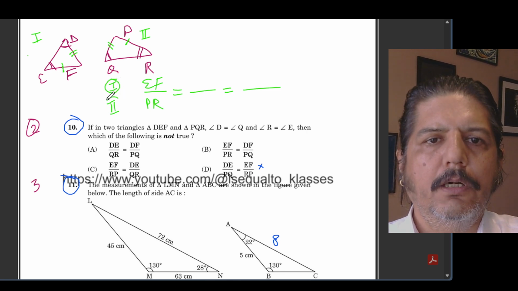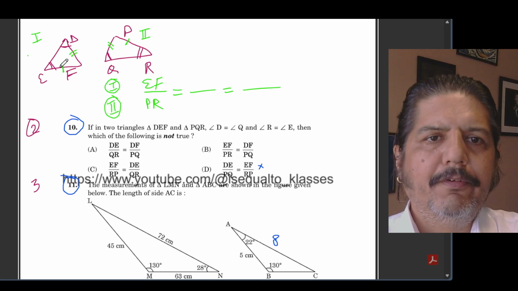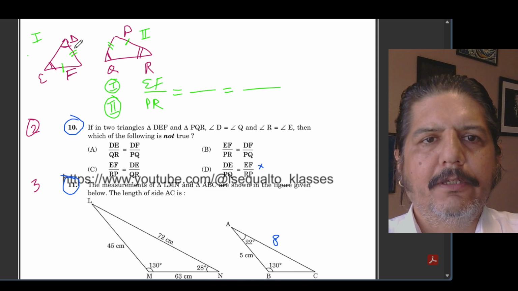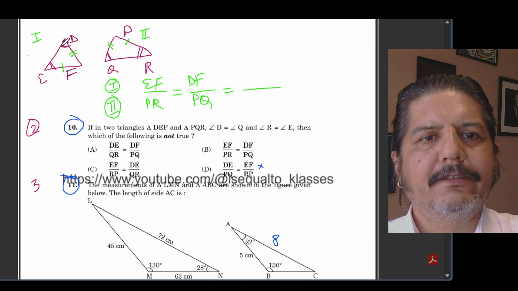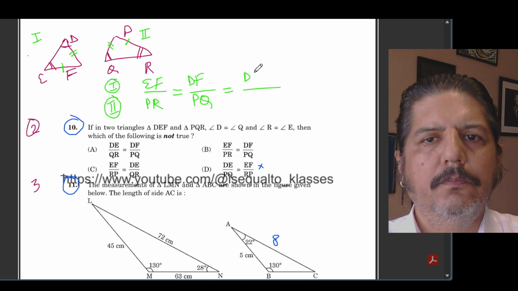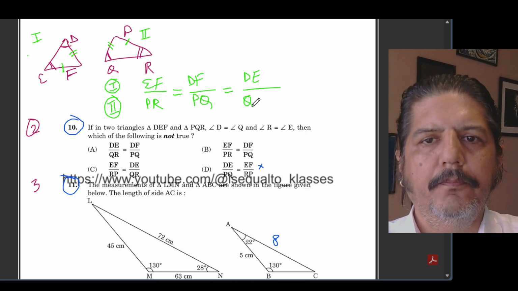Let me mark this clearly so that there is no confusion. So I've taken the single side. Now I'll take the double side, DF, and I'm taking PQ. Now the last side is DE, and this side would be QR.